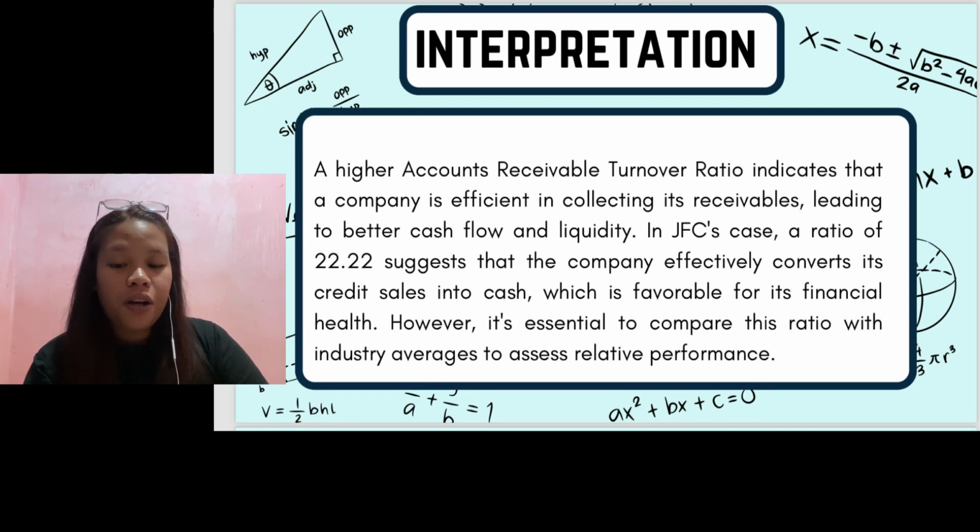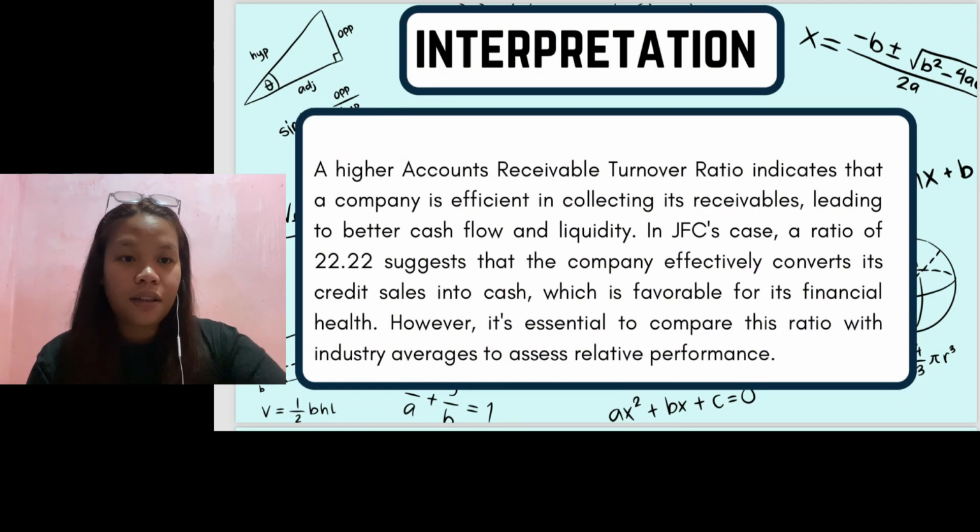We need to compare it to the industry average to see how the company stacks up against its competitors. This way, we get a clear picture of its performance and can identify areas for improvement. In short, understanding this ratio helps us grasp how well a company manages its finances and maintains its growth.